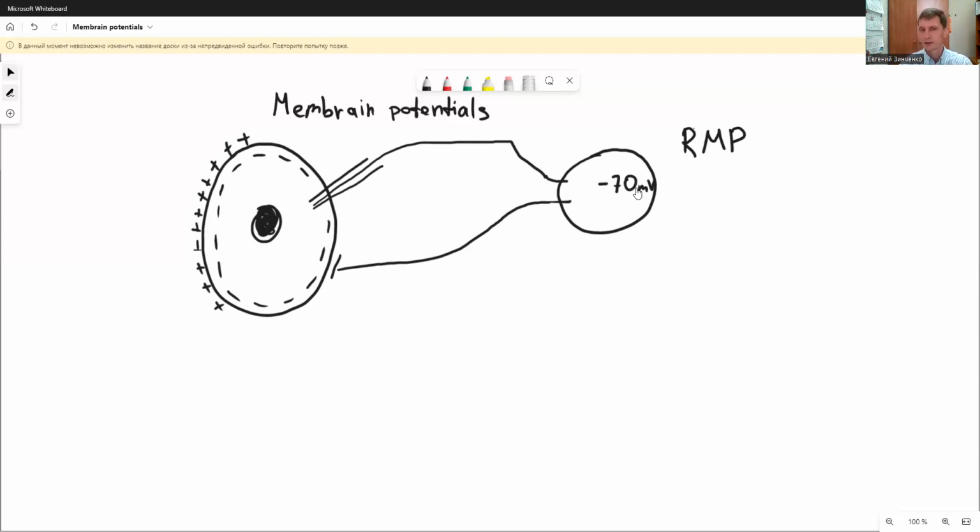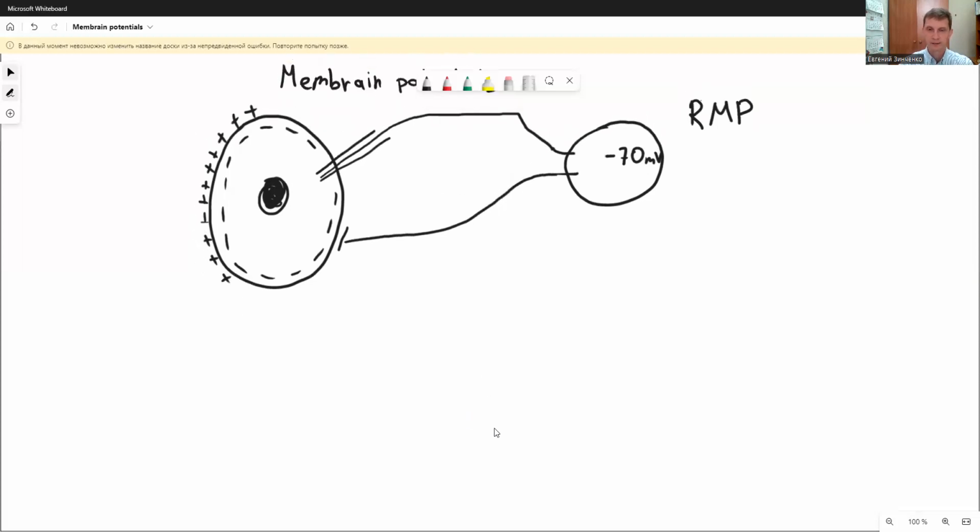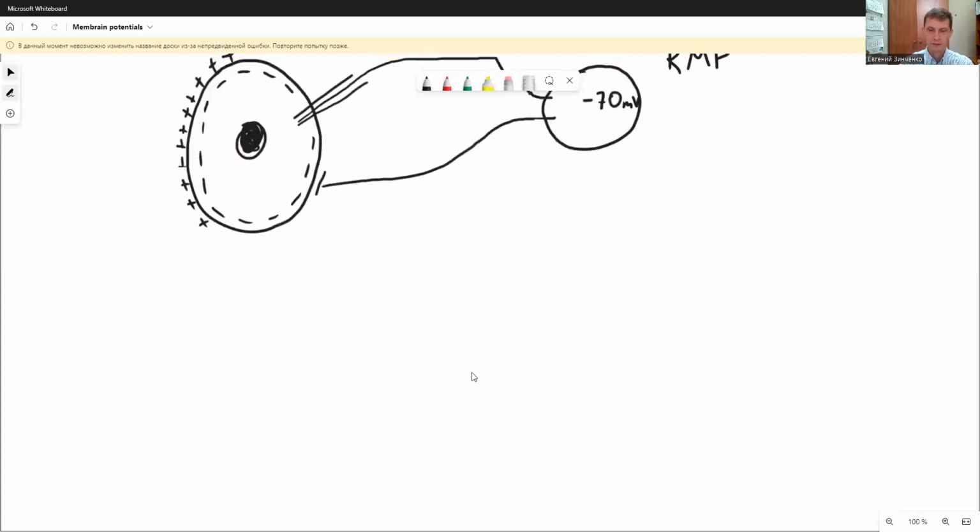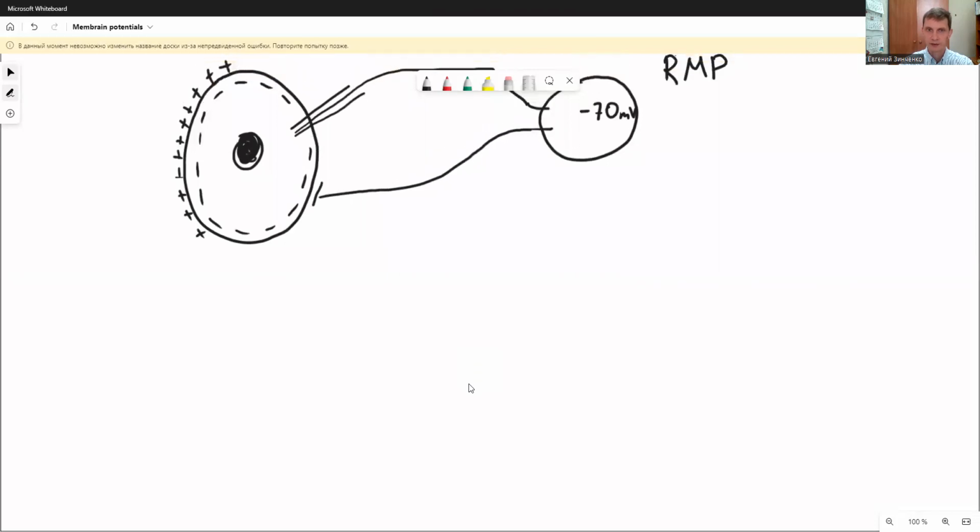So our task today is to understand how this membrane potential is created and how it is maintained by intracellular and membranous mechanisms. First of all, we need to remember the properties of the cellular membrane. We know about the semi-permeability of the cellular membrane.